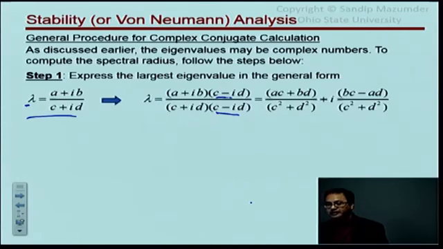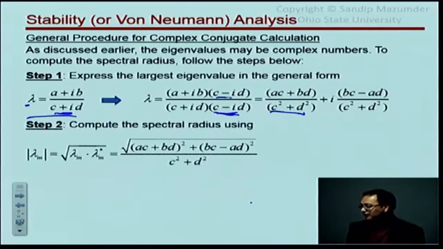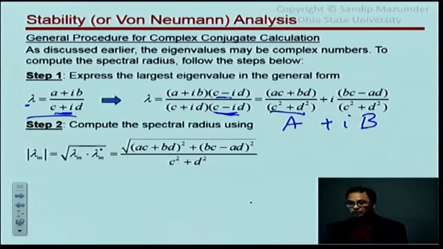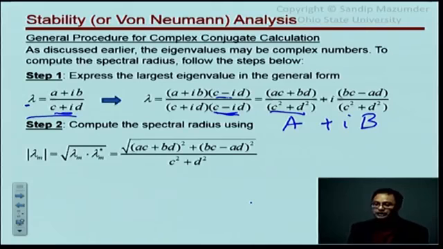So basically you try to get rid of the i in the denominator. So the denominator becomes c squared plus d squared, and then the numerator becomes something else. Okay, and then basically you have something of the form a plus ib, and you can easily calculate the complex conjugate, because the conjugate is a minus ib. All right, and then you take the magnitude. So that's what you get. That's a formula that you can just use.